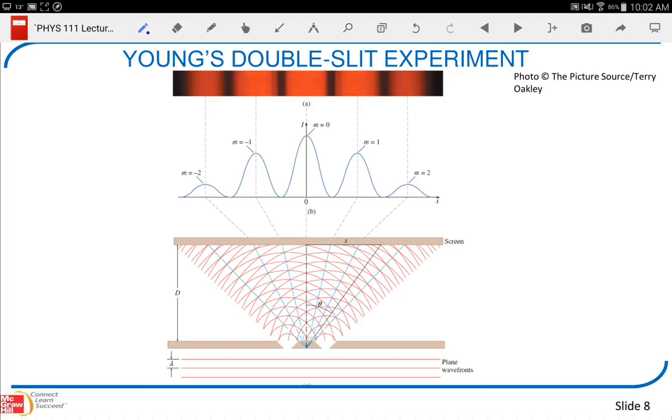Not very different, but it's a little different. And because of the difference in path length, I will have constructive or destructive interference for the light that went from one slit to my eye and the light that went from another slit to my eye. The result is those different path lengths give me different colors that are constructive interference depending on the angle. So it separates the light up into its constituent colors.